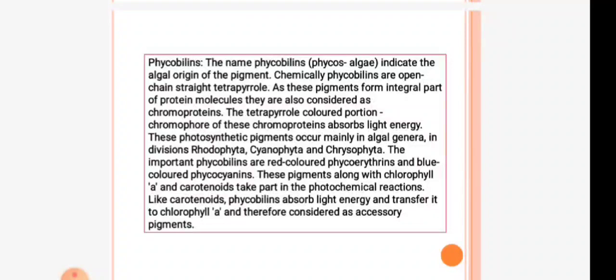These pigments along with chlorophyll A and carotenoids take part in the photochemical reaction. Like carotenoids, phycobilins absorb light energy and transfer it to chlorophyll A, so they are considered accessory pigments.